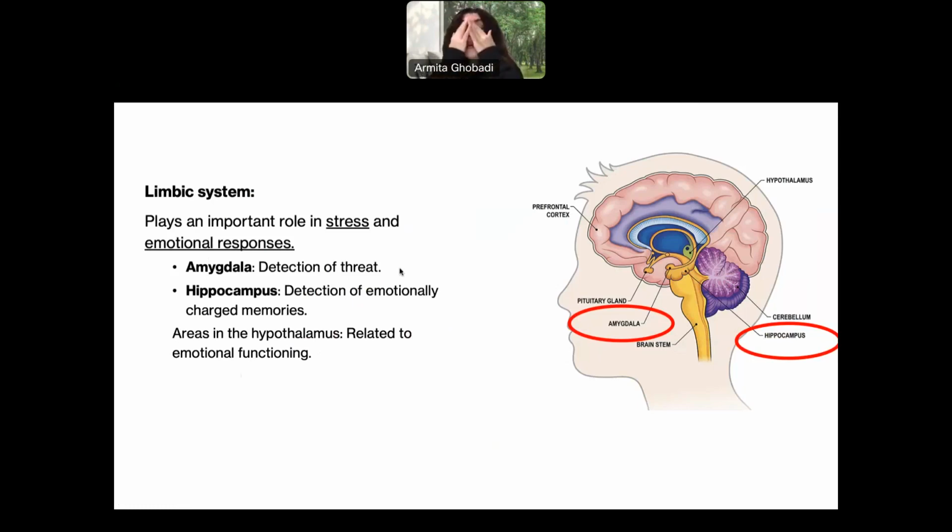So when it comes to the brain, we cannot say that one part is responsible for just one specific function, mainly for two reasons. First of all, we don't know much about the brain yet. The brain is very massive and the tools we have are not strong enough to discover it in the best way possible.